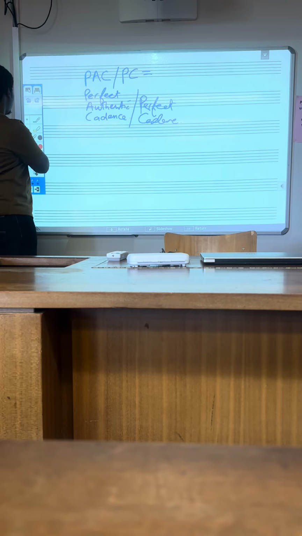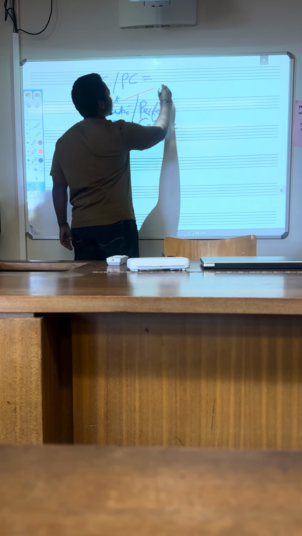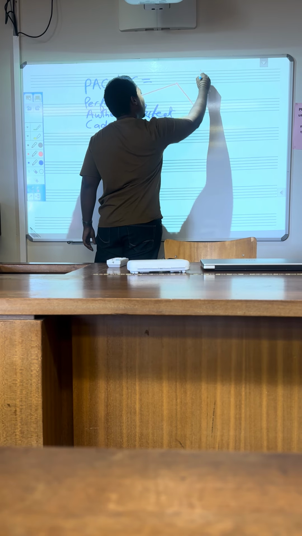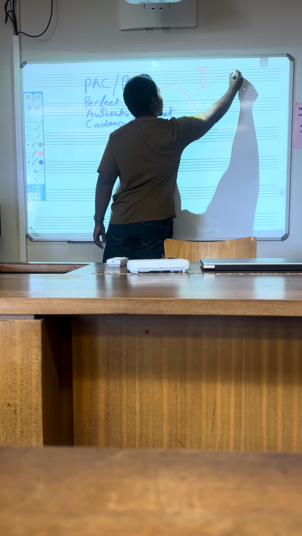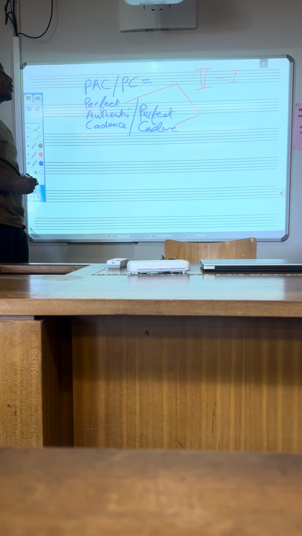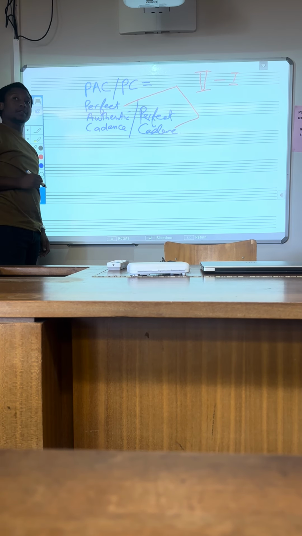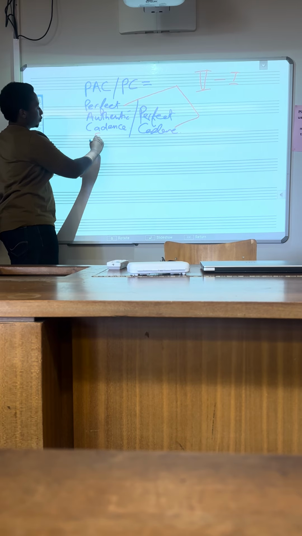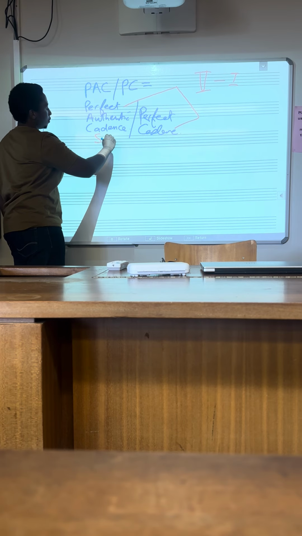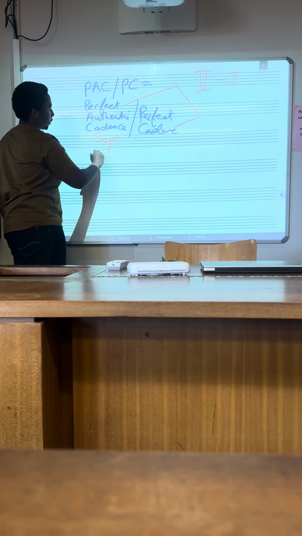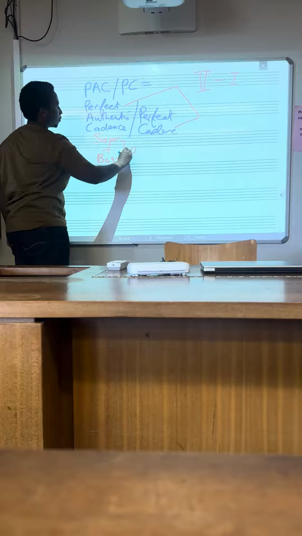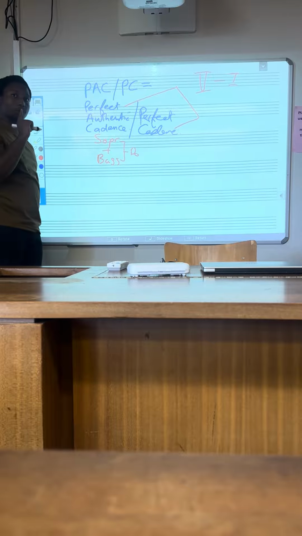Now, the difference between the two is, both of them are 5-1. Both of them are 5-1. The only distinction is that with the perfect authentic cadence, the soprano plus the bass both go to do. Do is 1.